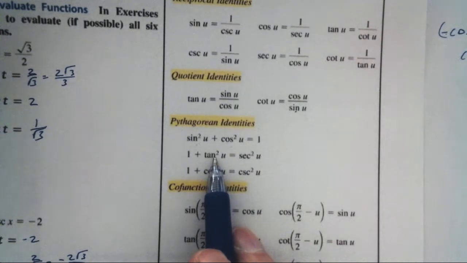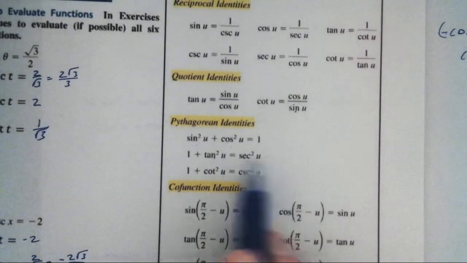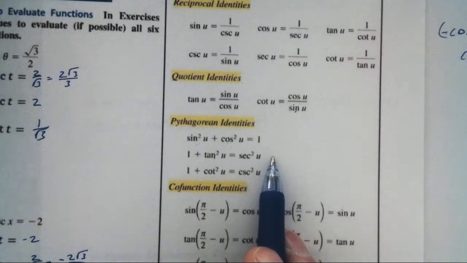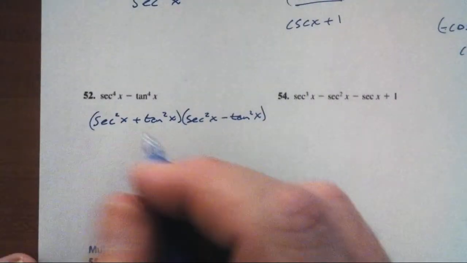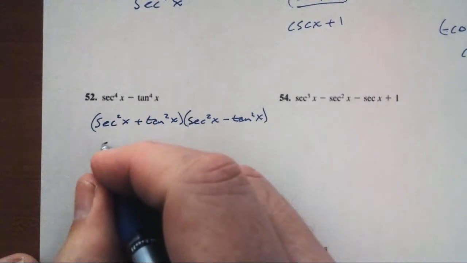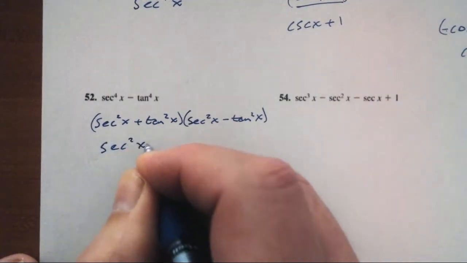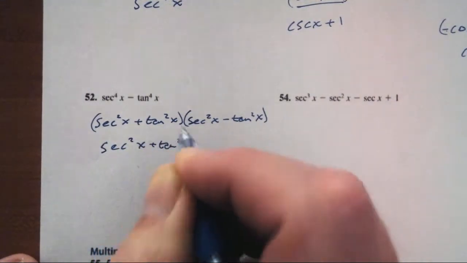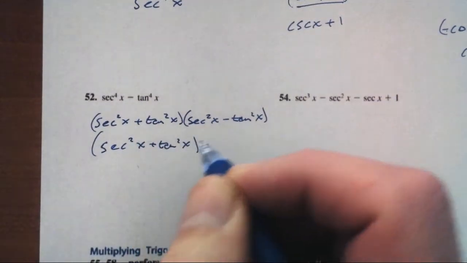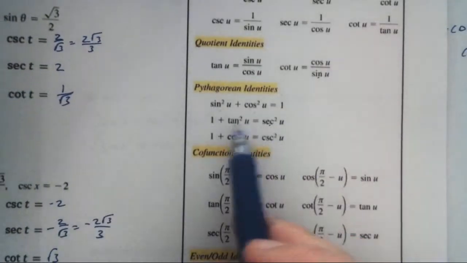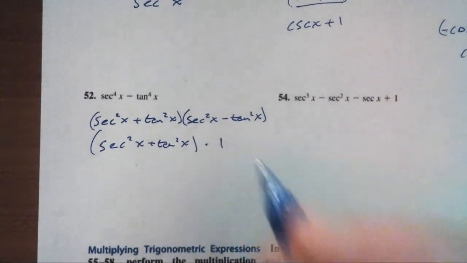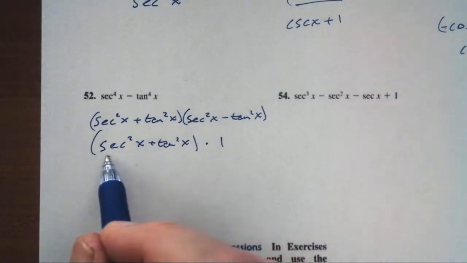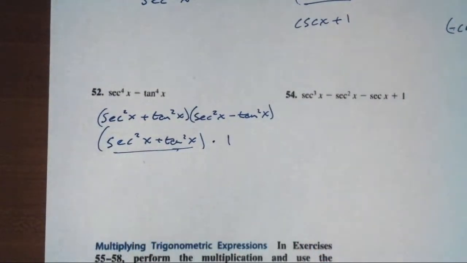Yep, I can get a secant squared minus tangent squared by subtracting, and that's just 1. So we have secant squared x plus tangent squared x, times secant squared minus tangent squared, which is just 1. And I would suggest we could probably make an argument that that's simplified.